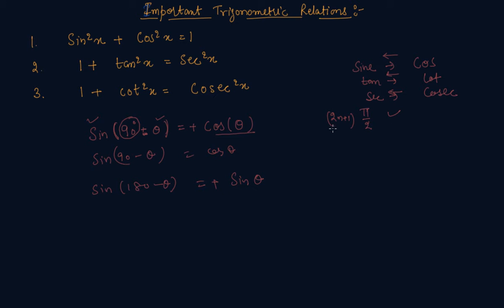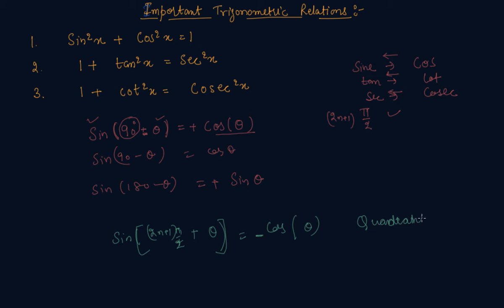Okay students, so whenever this identity is there, meaning sin((2n+1)π/2 + θ), this will be equal to cos θ, and the sign of this answer will depend on the quadrant in which this is lying.